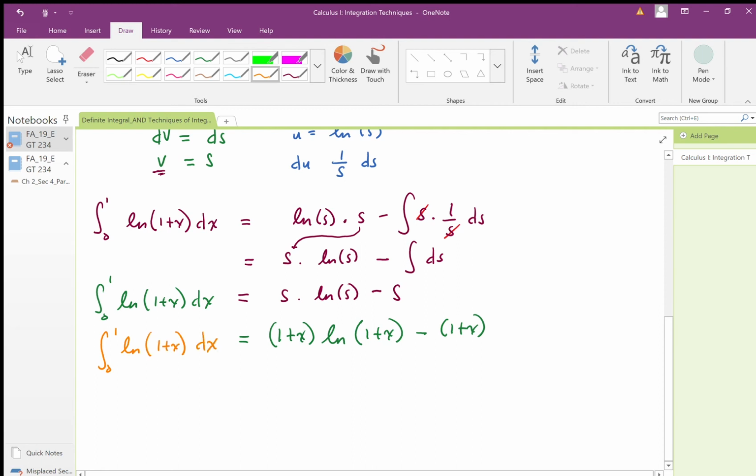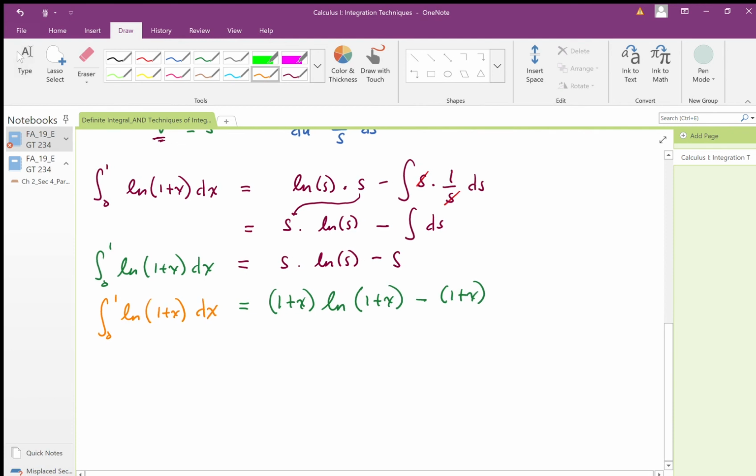So again, the integral from 0 to 1 of the natural log of 1 plus x dx equals this. But we have a definite integral, so now I'm going to evaluate from 0 to 1. It's going to look something like this.